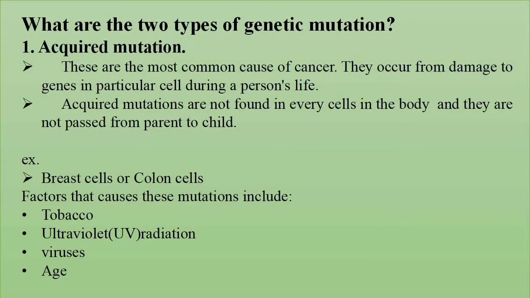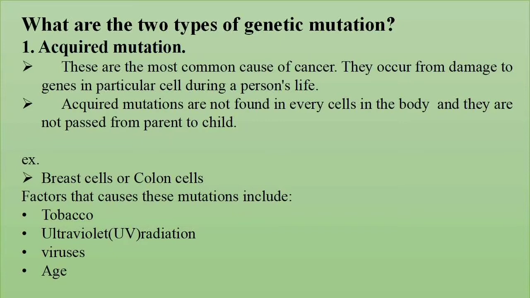Next, let's give the definition and explanation about the two types of genetic mutation, the acquired mutation and the germline mutation. First, let's discuss the acquired mutation. Acquired mutations are the most common cause of cancer. They occur from damage to genes in a particular cell during a person's life. Acquired mutations are not found in every cell in the body, and they are not passed from parent to child.